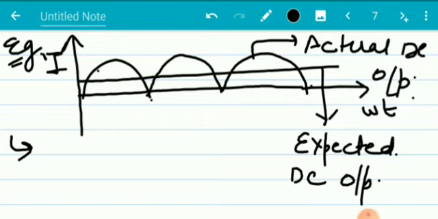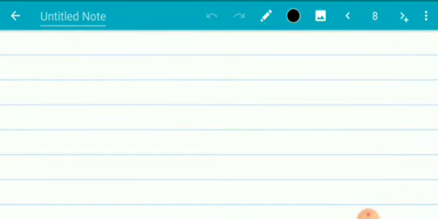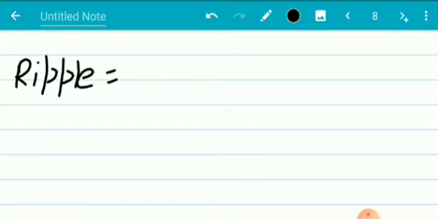Now we will try to calculate the value of the ripple factor. First of all, we will write what the ripple is. The ripple value is I load minus I DC.